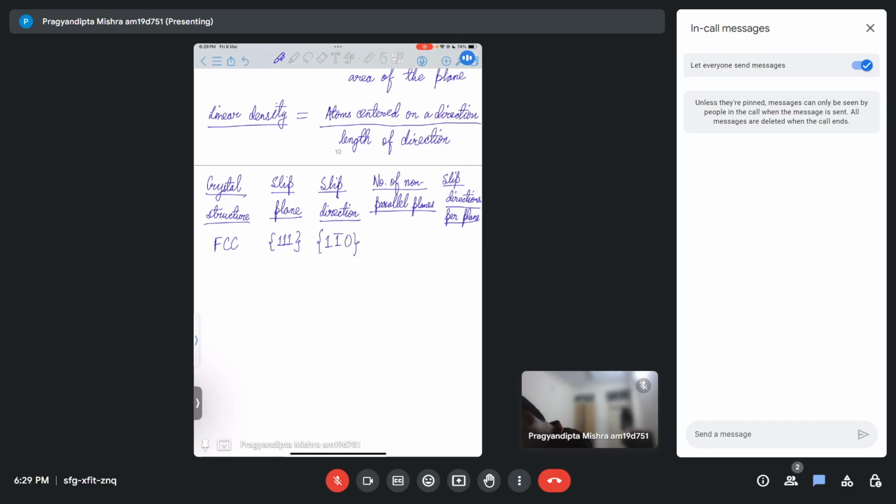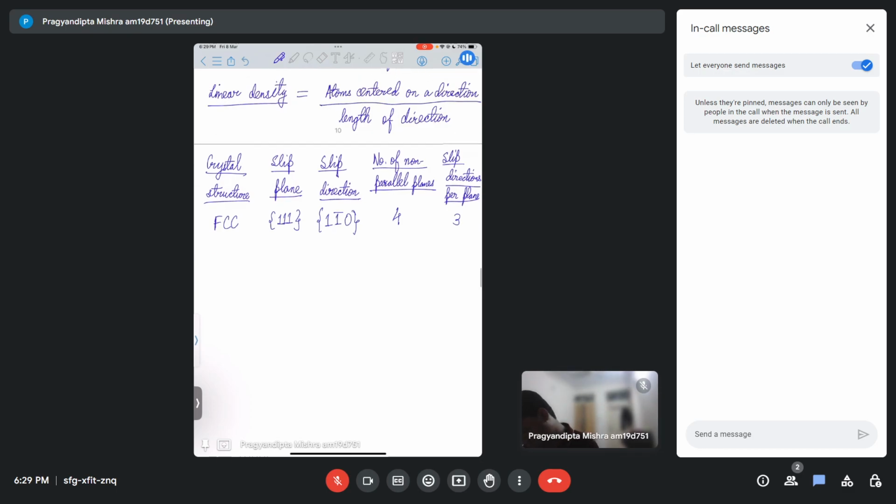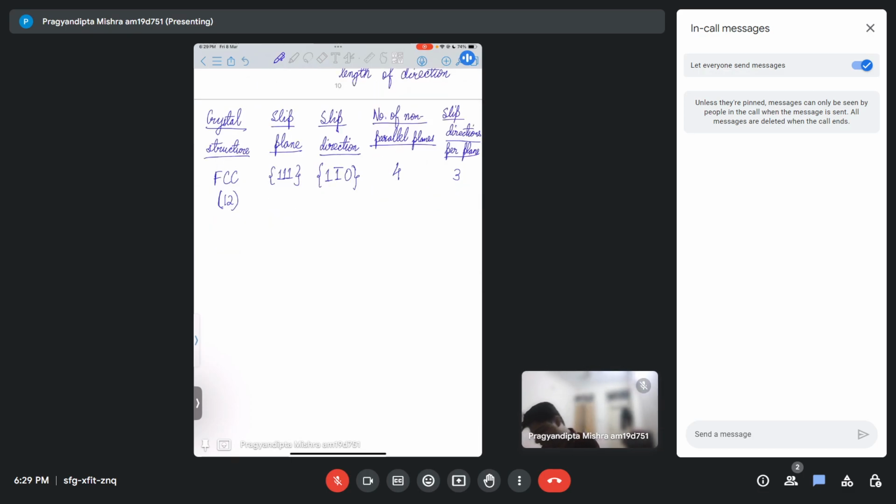The number of non-parallel planes for 111 will be 4, and the number of slip directions per plane will be 3. Therefore, for this combination, I will have 4 times 3, 12 slip systems. The one in bracket is the number of slip systems, so it is 12.